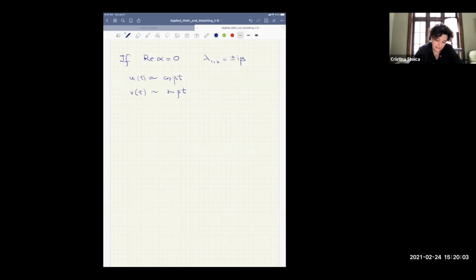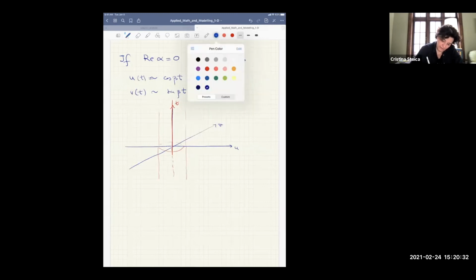In this case, the solutions are staying, I'm going to do it in 3D now, on a cylinder. If this is the equilibrium in t, the solutions won't go away, but won't come close either. They will just stay.